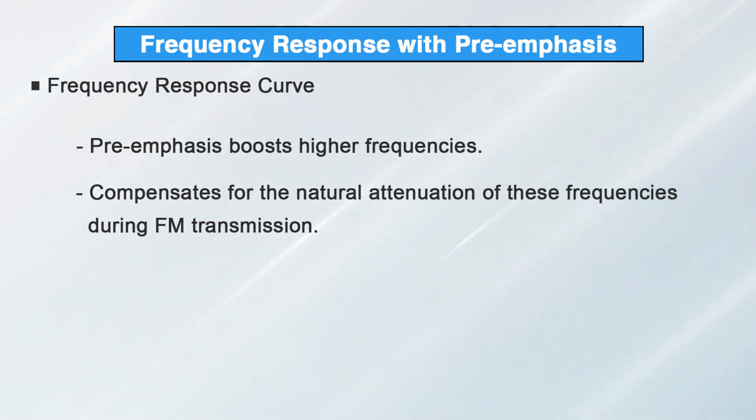Typically, in an FM system, the frequency response without pre-emphasis tends to emphasize lower frequencies due to the nature of modulation. However, pre-emphasis boosts high frequencies, thereby compensating for the natural attenuation of these high frequencies during transmission.